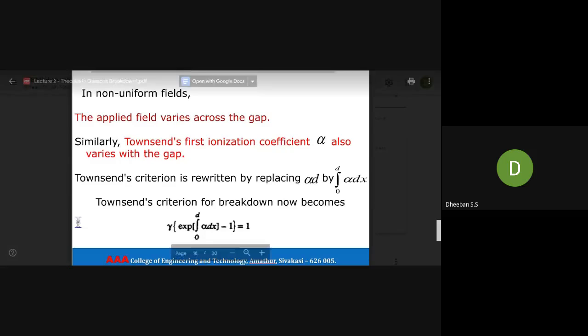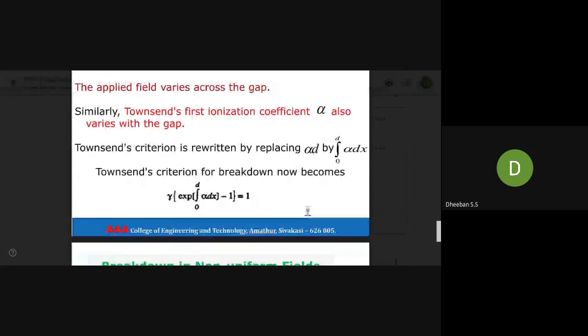So in the unit, we have seen the Townsend criteria for breakdown in uniform field. Here, for your non-uniform field, this is your criteria. Okay. So this is the same equation I have seen.